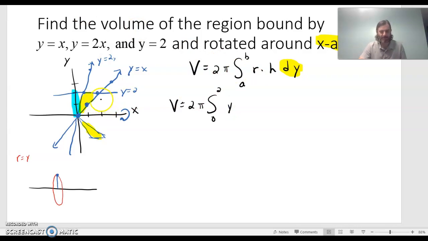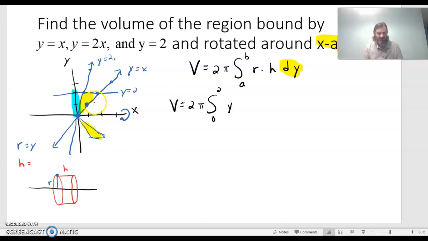Now the height will be from the far line back to the closer line. So this right here will be the h, whereas the other part will be the r. The radius is y, but the height will be the distance between the two lines.